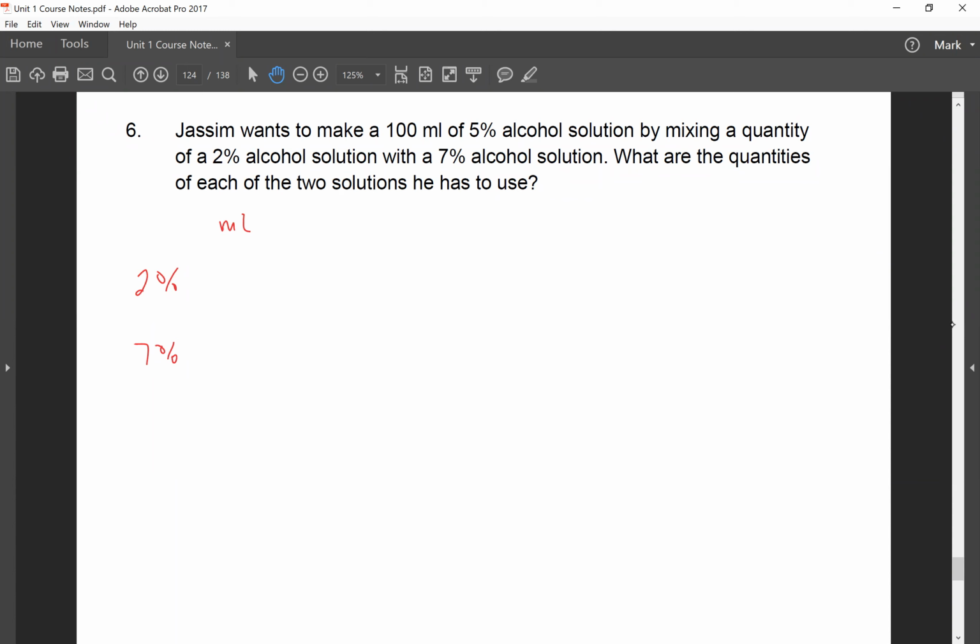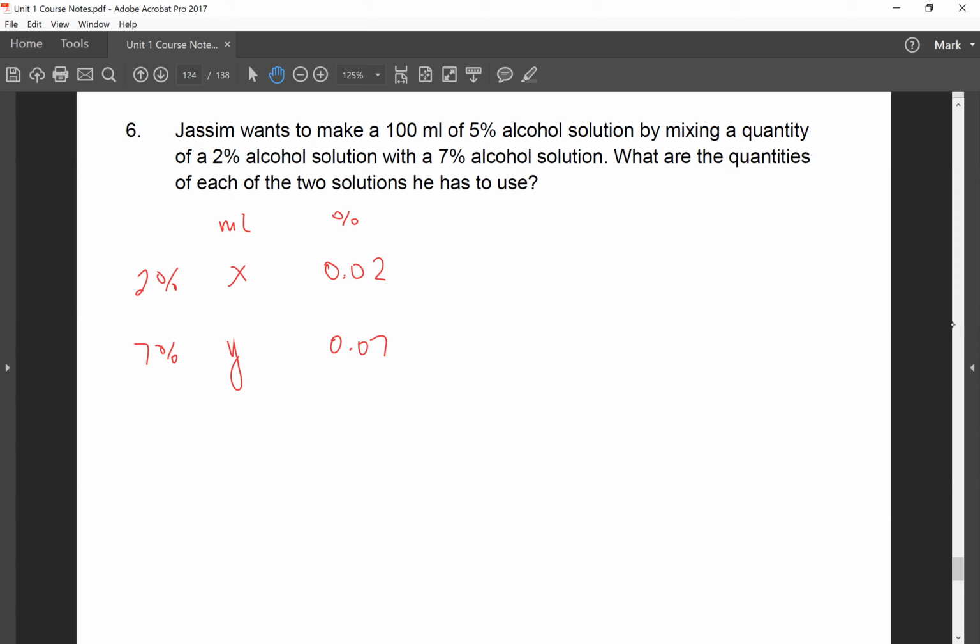Sometimes my brain makes me want to talk like I'm teaching chemistry instead of math. So the quantities in milliliters, we're going to say that the 2% solution is X and the 7% solution is Y. The percentages of these solutions as decimals we write as 0.02 and 0.07.